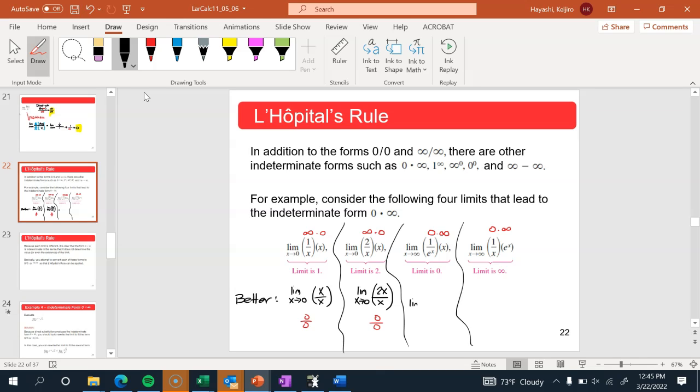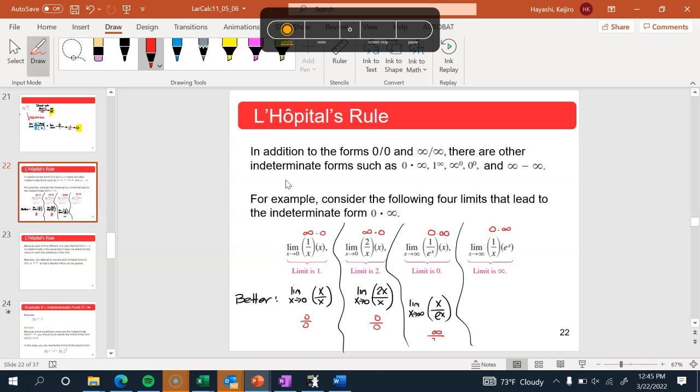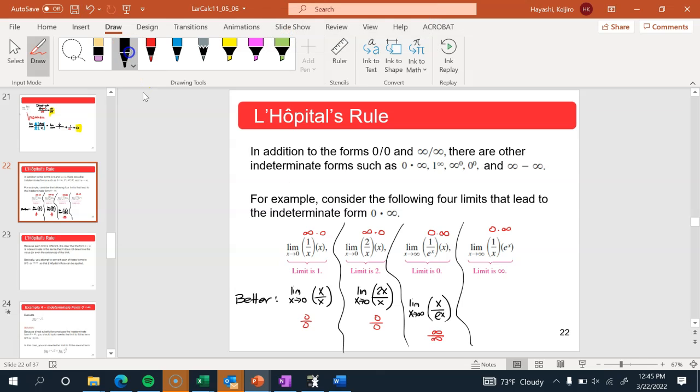Or if you had the limit as x goes to infinity of x over e to the x, that would give you infinity over infinity, which is the sort of form that you want. And the same thing would happen here if you had e to the x over x. You get infinity over infinity, which are better indeterminate forms to be getting because you can use L'Hopital's rule with these.